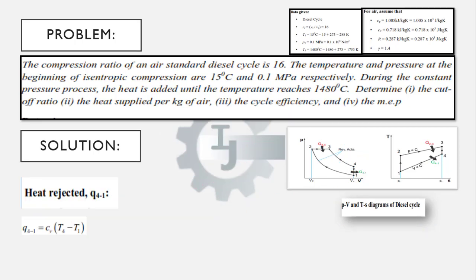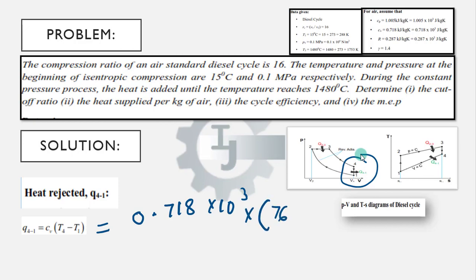Now we know heat rejected, that is Q4 to 1. So here this is heat rejection. Q4 to 1 equals Cv into T4 minus T1, and we know the value of Cv is 0.718 into 10 to the power 3, into value of T4, 764.56, minus the value of T1, 288.